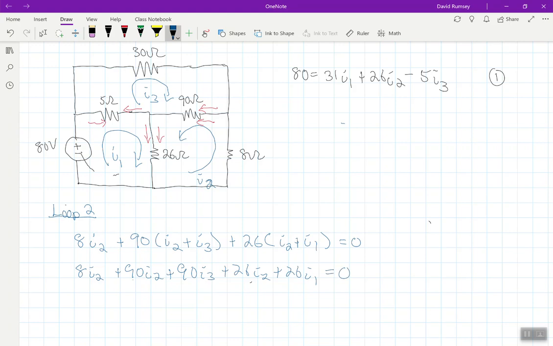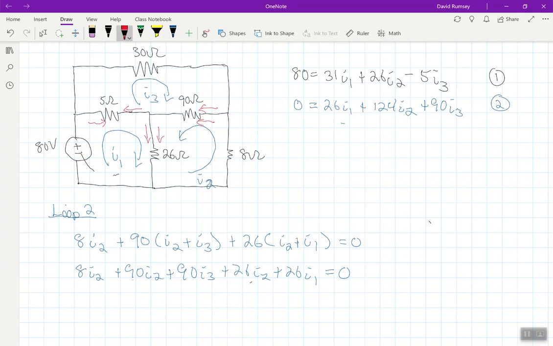And then combining terms together, what we'd have here is 0 is equal to 26I1 plus, let's do that addition, 8 plus 90 plus 26, and that gets me 124 I2 plus 90 I3. So that's my second equation.